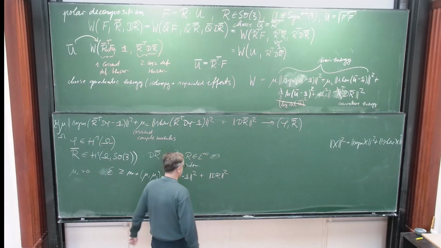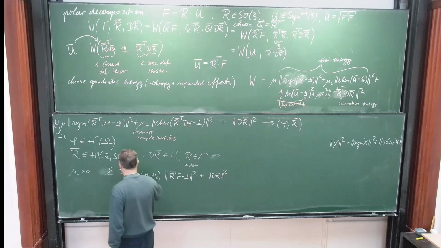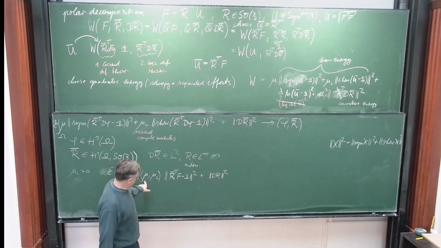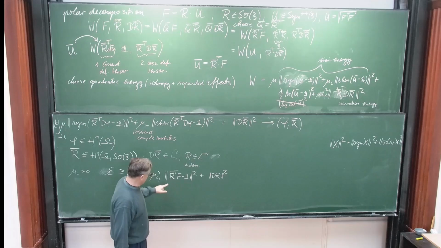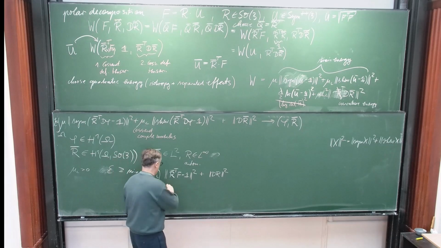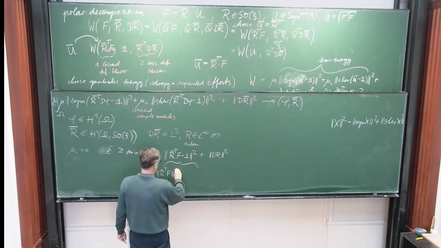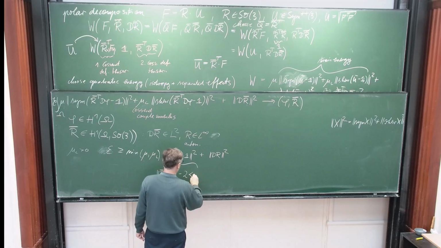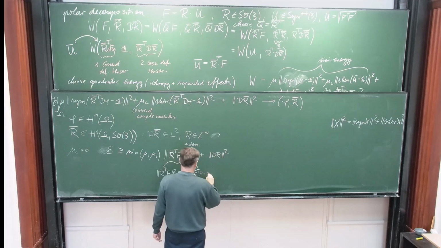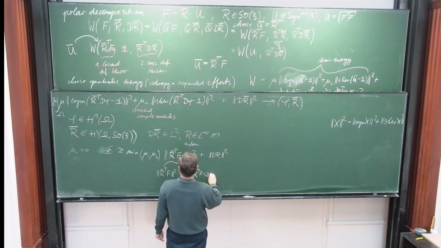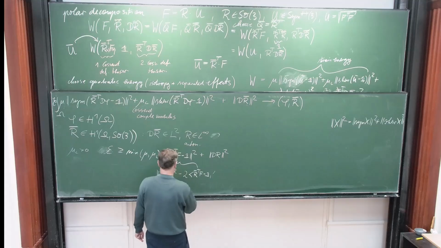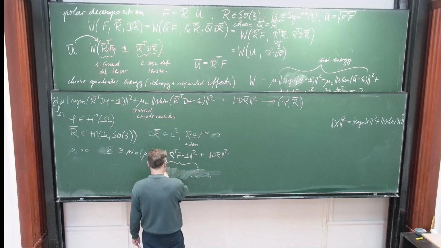And in fact I don't need dR now. And now I observe that this is a positive number, R^T F minus identity. I can write this out, what it means. Wait a minute, I'm already losing my concentration.